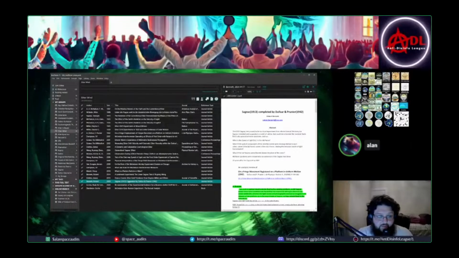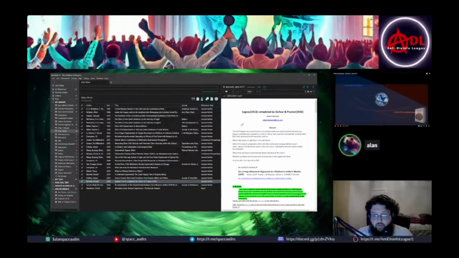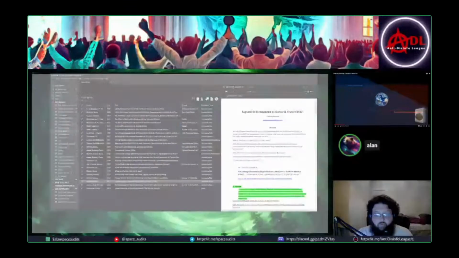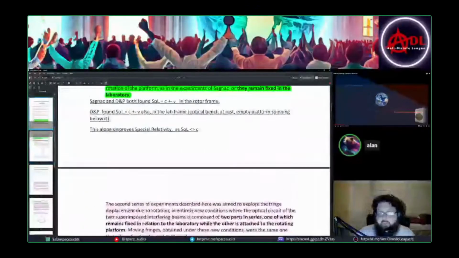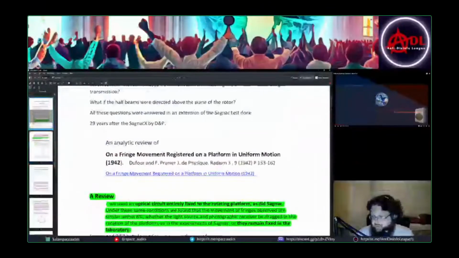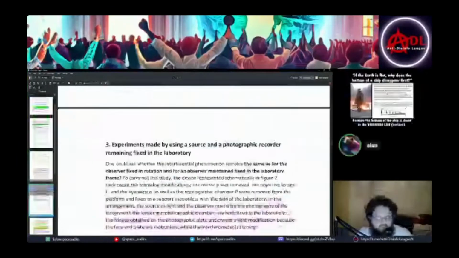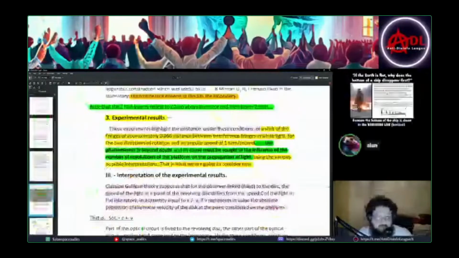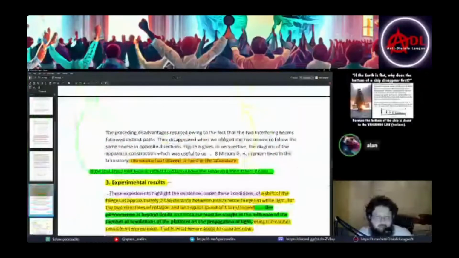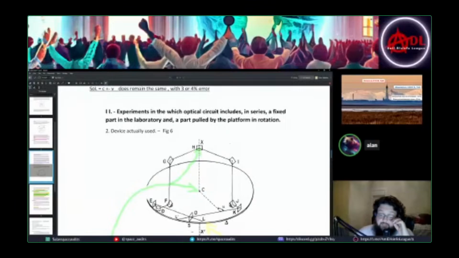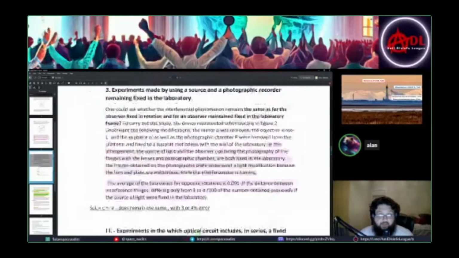This paper, in conjunction with the Pruner paper, really helped me understand it, because I must have read the Pruner paper like 17 times before it started making sense. And then I was reading Robert's paper and I was like, where is he getting all this from? What does this mean? I just had to keep going back to get it. But the breakdown is awesome here.